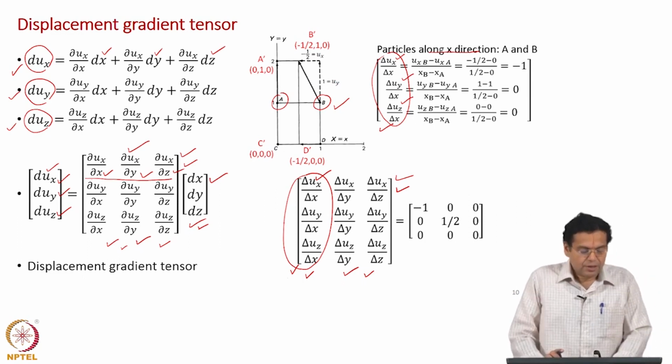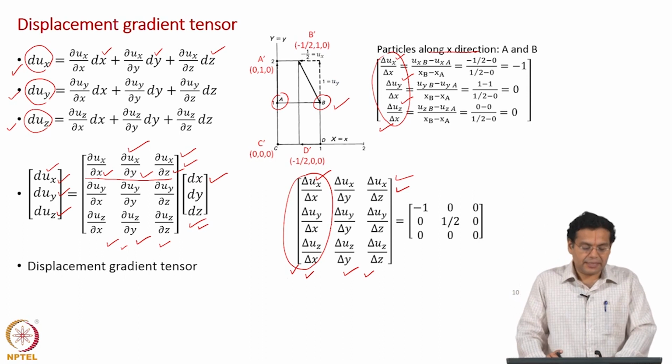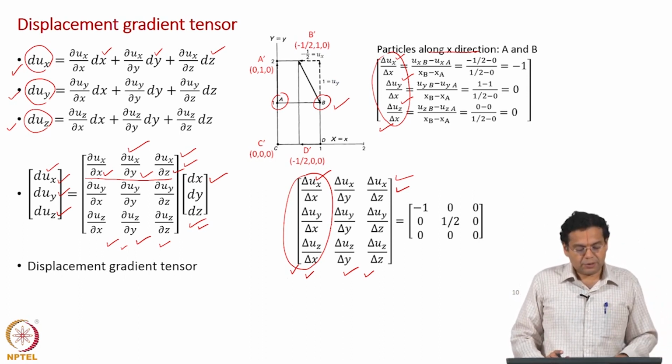Okay. What we have done now is derived a relationship between the total difference in displacement or differential in displacement. We almost use this word synonymously throughout the lecture. Okay. Differential and difference.